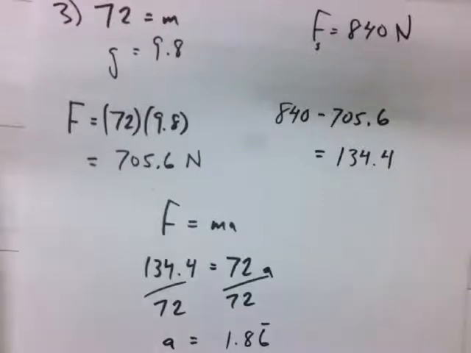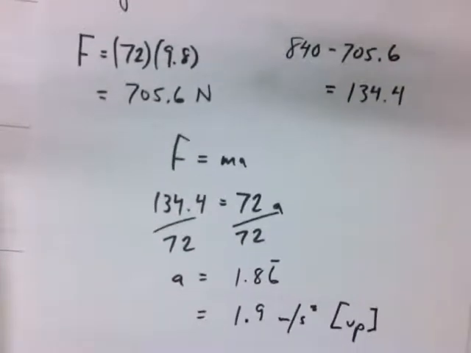This acceleration of the person, they are accelerating 1.9 meters per second squared up. That's them. This isn't the net situation, right? This is them. So hopefully, sorry about that, I got to keep looking at the screen, making sure I'm seen.